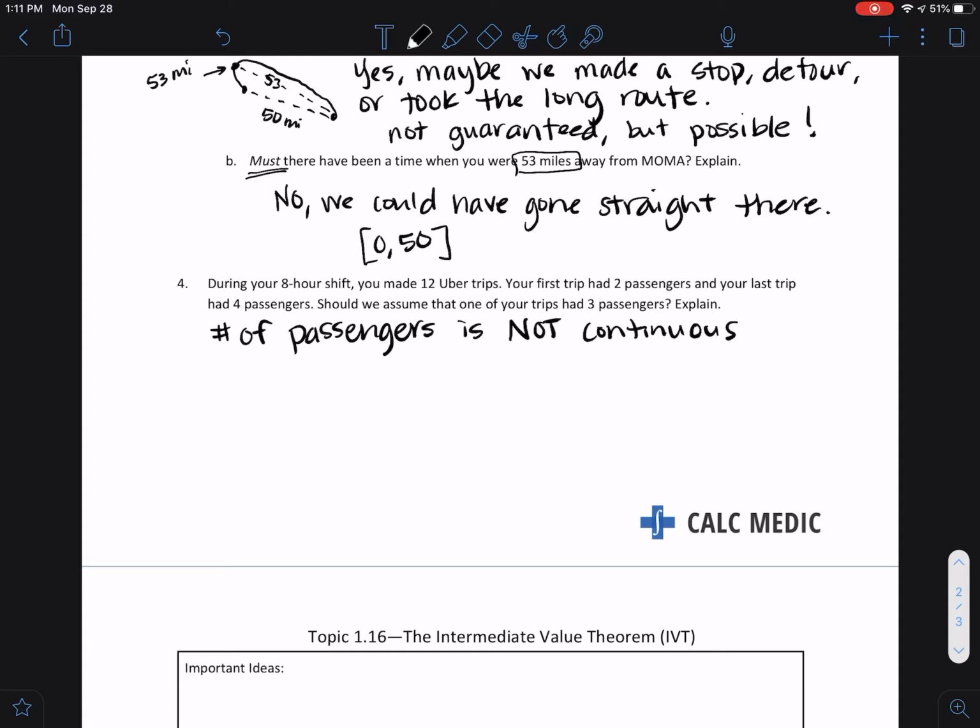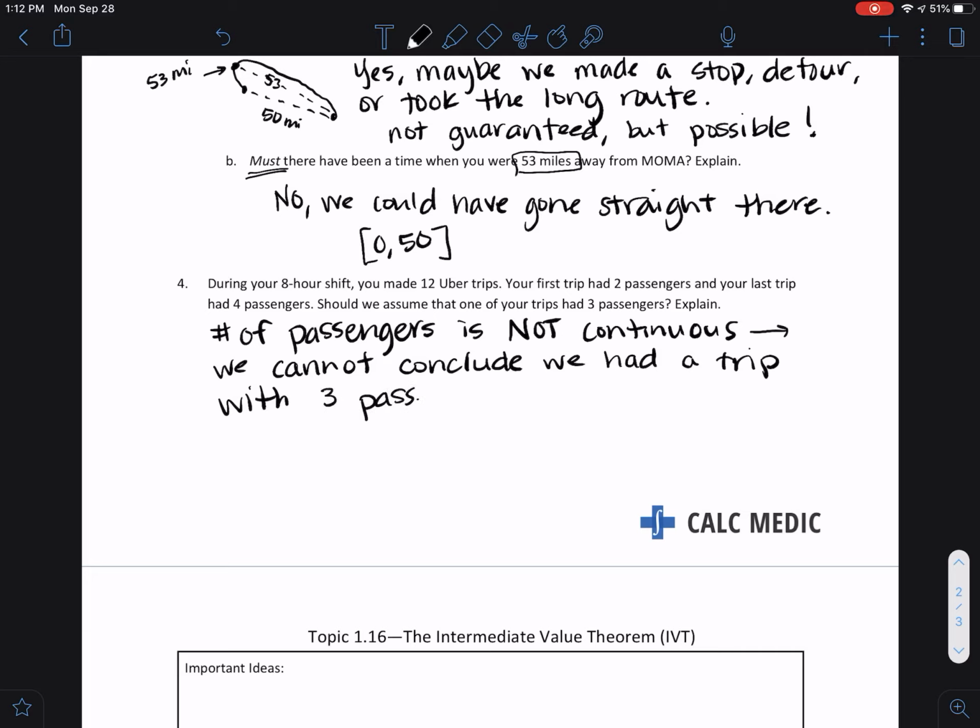So therefore, we cannot conclude that. Could it have happened? Yeah, it totally could have happened, but we cannot prove it because passengers is not continuous.